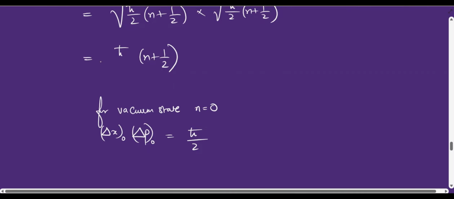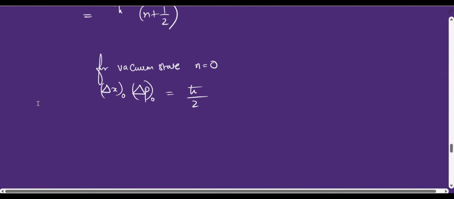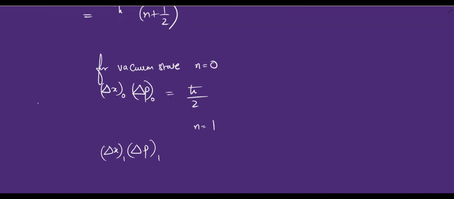Sorry, there is no 2 here, because n is equal to 0, so this becomes h bar by 2. For n equal to 1, delta x 1 delta p 1 is equal to 3 h bar by 2, and so on. Okay, so now that we have derived all these relations, let us try to visualize whatever we have understood.